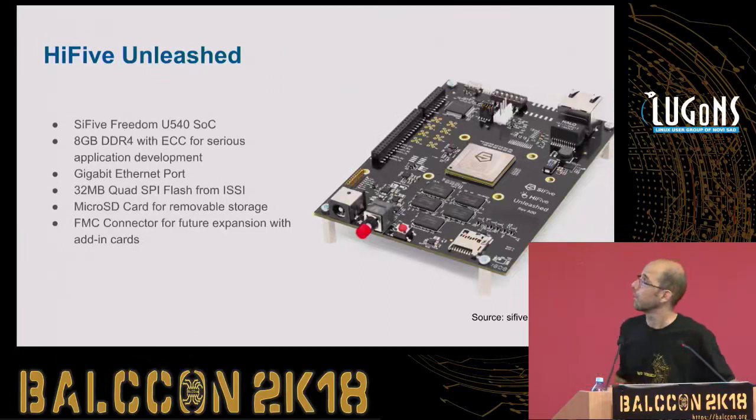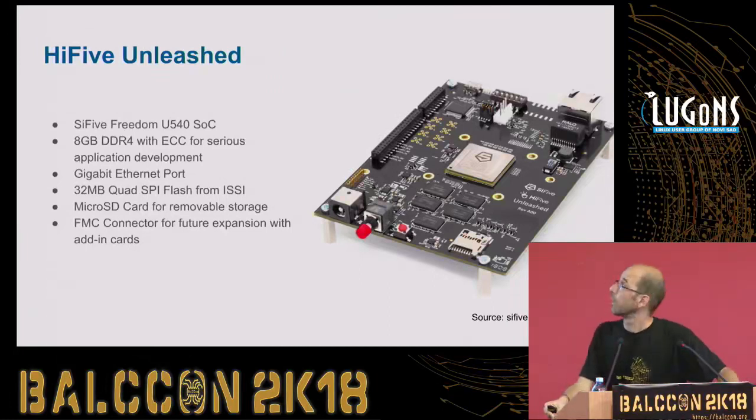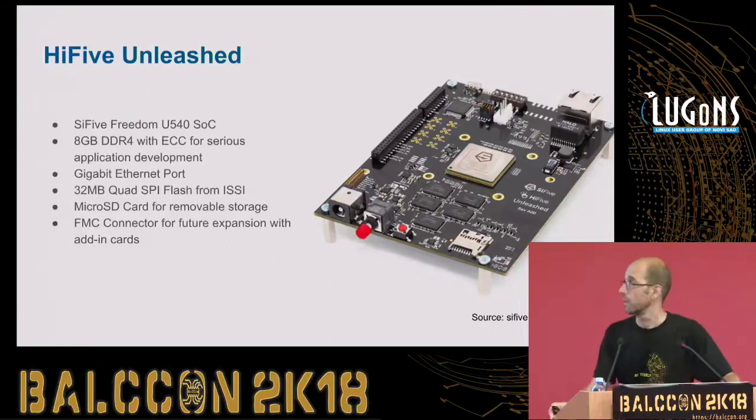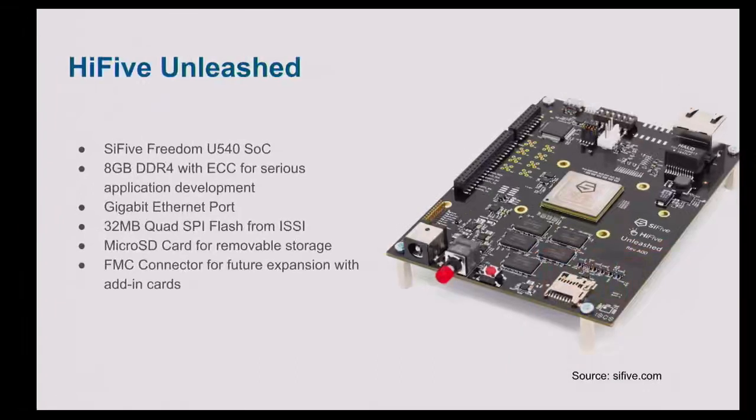So they have made a test board, HiFive Unleashed. I don't have it here because this board is much more expensive. One costs about $1,000, I think, at the moment, because it is one of the few specimens who can run Linux.